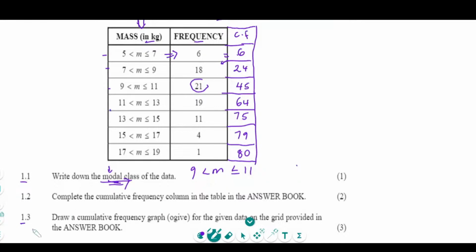And then 1.3, they want us to draw the cumulative frequency graph or the ogive. So if I draw my sketch somewhere here, we know that the vertical axis will represent the cumulative frequency, and these will be the intervals. So if I have this as my 0, it's going up to 19.